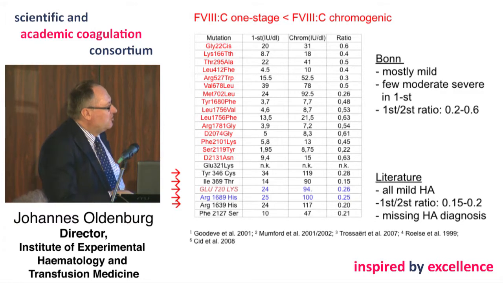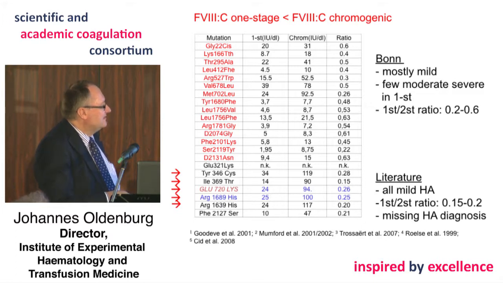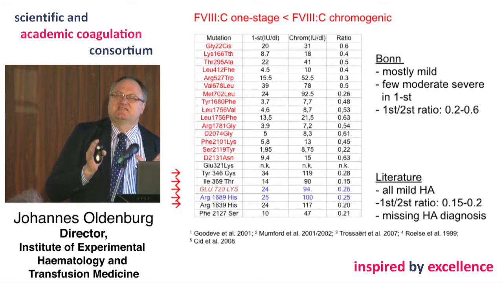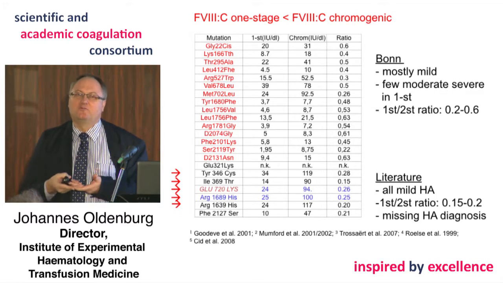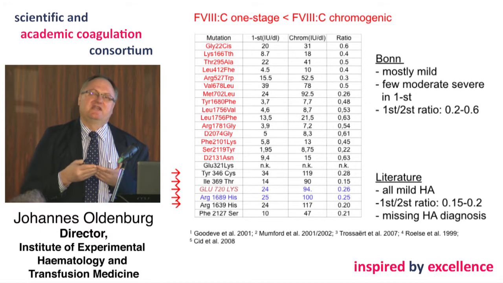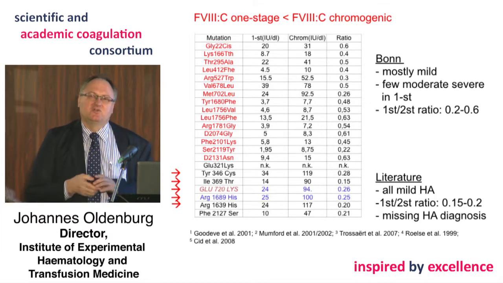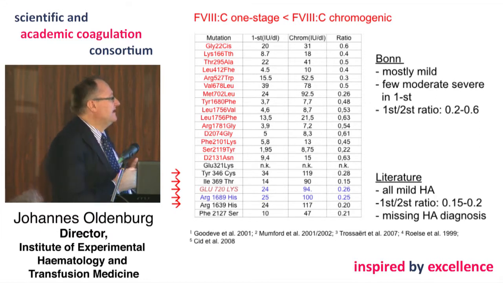So they all show normal values between 50 and 100%, between 90 and 120%, while the one-stage assay shows much, much lower values between 15 and 30%. And all these mutations have in common that they are either within the thrombin cleavage site or closely related to a thrombin cleavage site in the factor VIII molecule.